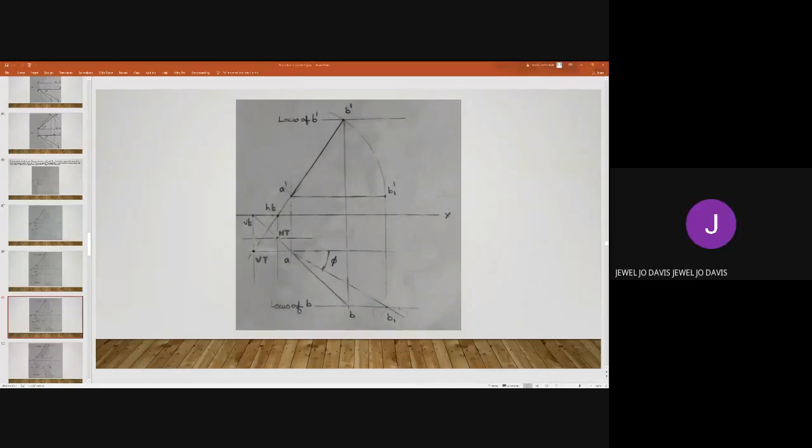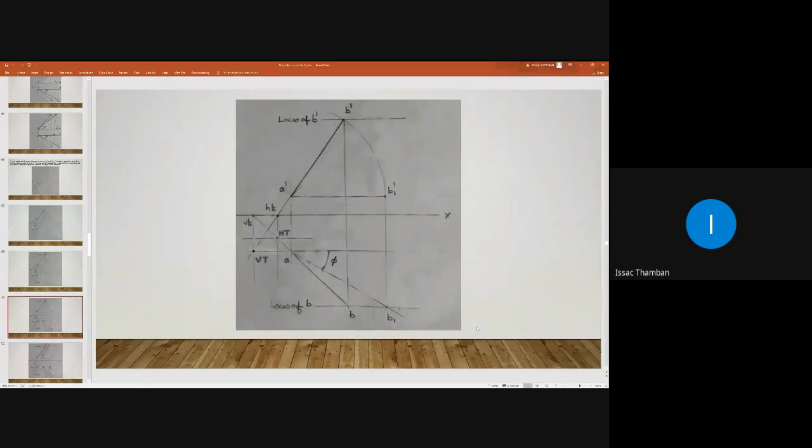Yes, sir. What is the true length of line AB? You can measure AB1, that will be the true length. Here, line A dash B1 dash is parallel to HP, so AB1 should give the true length. What is the true length of line AB1? You can measure that.